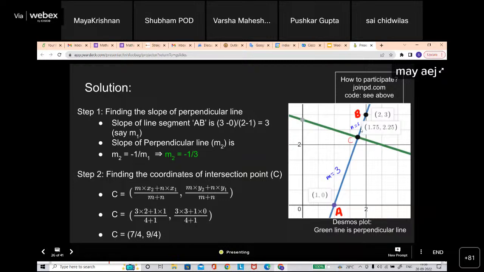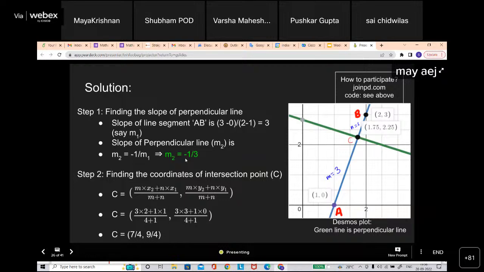The slope of the line which passes through A and B is 3. Now for the slope of the perpendicular line, using the formula m1 times m2 equals -1, with m1 as 3, the perpendicular slope is -1 by m1, meaning -1/3.